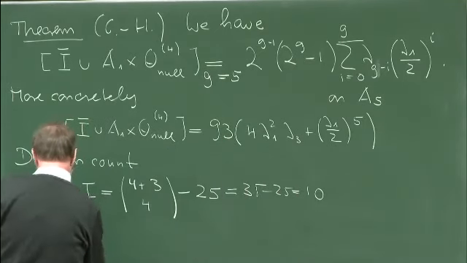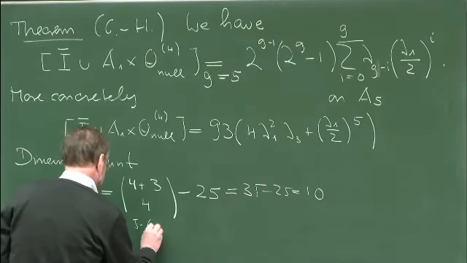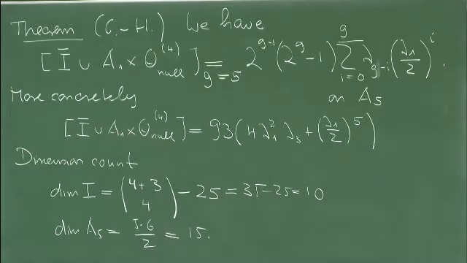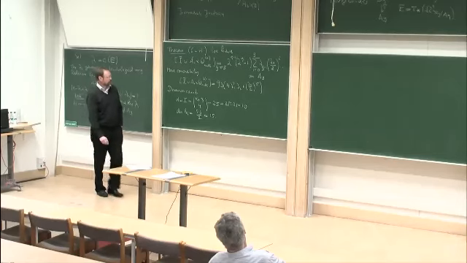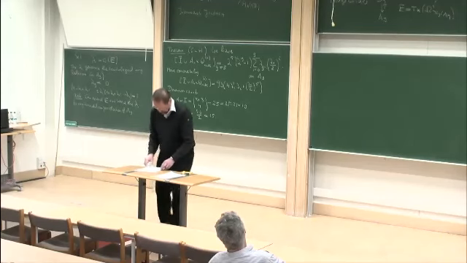And the dimension of A5 is 5 times 6 over 2, which is 15, so the codimension is indeed 5.